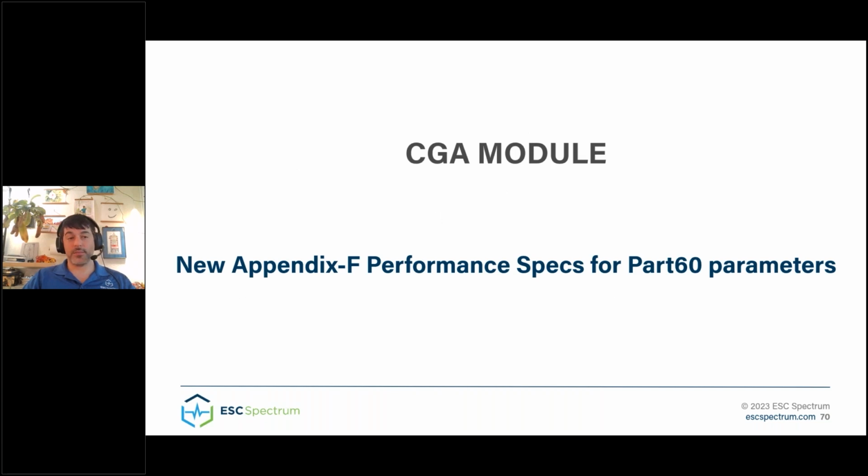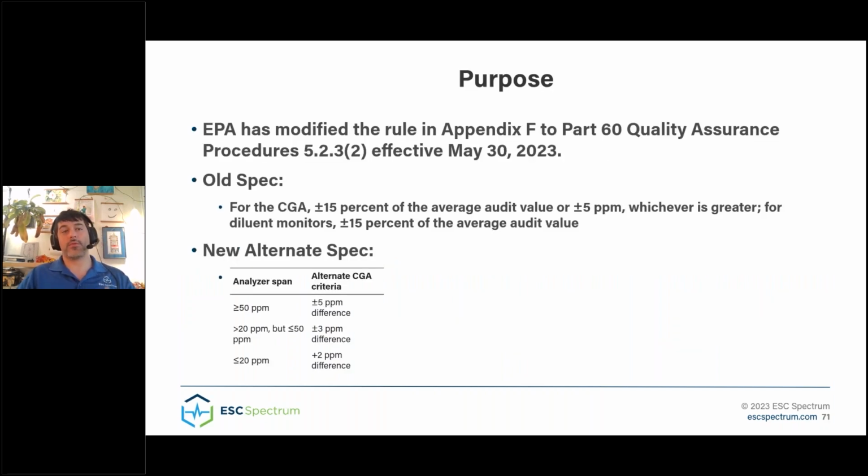All right, CGA module. The new Appendix F performance specifications for Part 60 parameters. As some of you may know, there was a recent change with regard to Appendix F, Part 60 QA, that went into effect May 2023. And so the old specification was that for CGAs, you had a plus or minus 15% of the average audit value or plus or minus 5 ppm, whichever is greater.